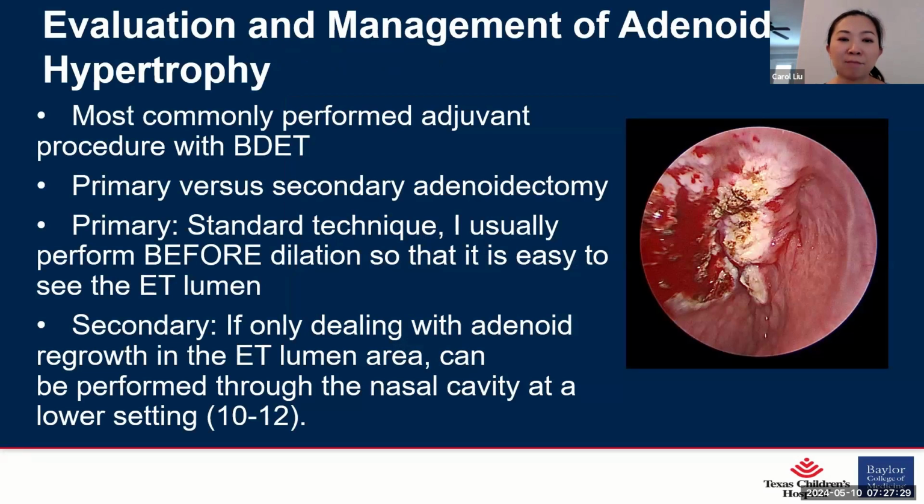So we have been more aggressive in evaluating and managing the adenoid hypertrophy. Usually we do it as one of our adjuvant procedures. So it can be primary versus secondary, or sometimes in the most extreme case, I think I've done the adenoidectomy 3 to 4 times now in a teenager with very severe allergy symptoms.